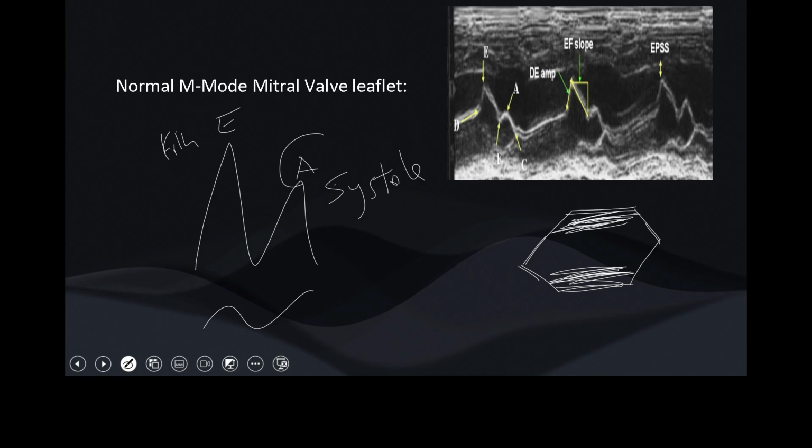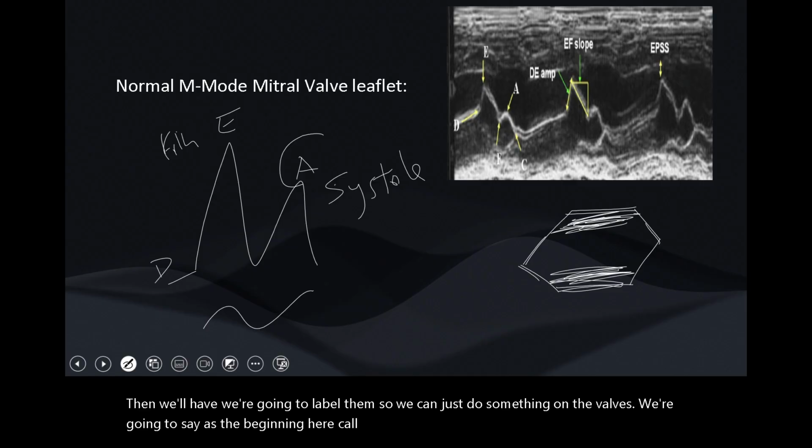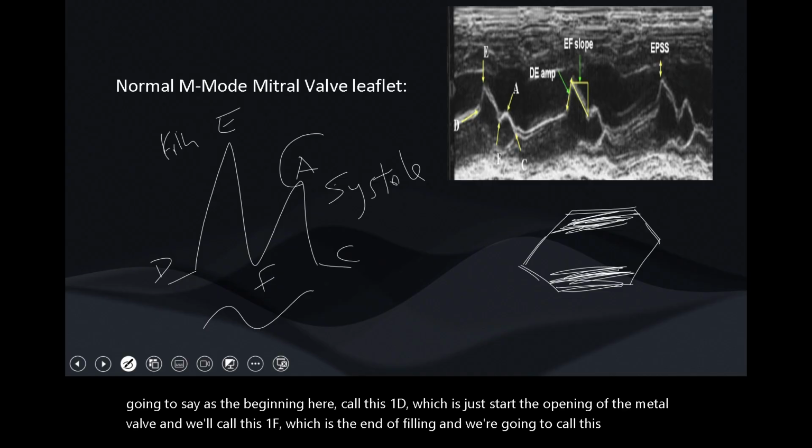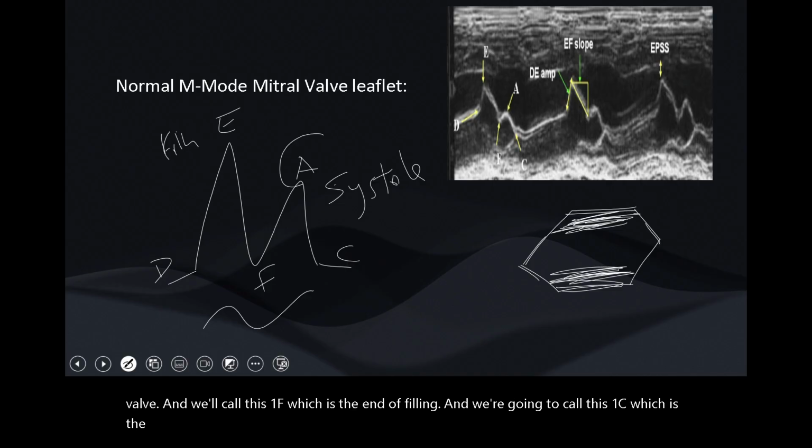Then we're going to label them so we can do something on the valves. We're going to say the beginning here, we call this one D, which is the start of the opening of the mitral valve, and we'll call this one F, which is the end of filling, and we're going to call this one C, which is the end of the cycle, and the start of relaxation.